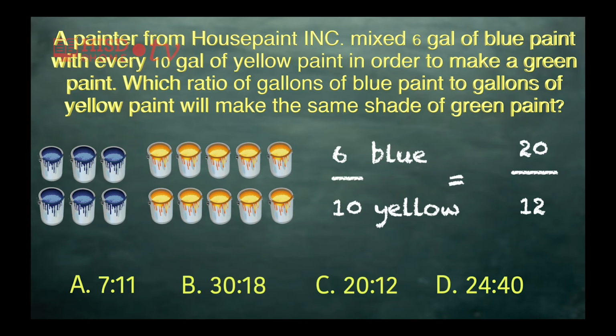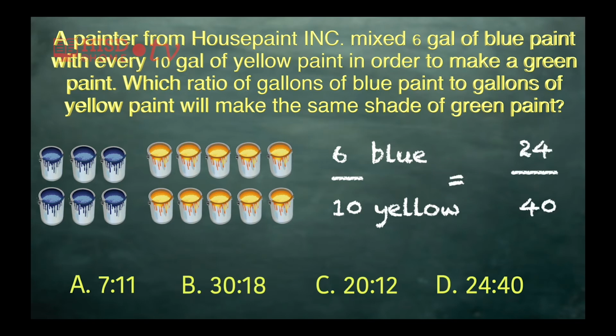When this happens, I use my world-renowned cross multiplication strategy to see if the two ratios are proportional. So I see that when I cross multiply 12 times 6, I get 72. And when I cross multiply 10 times 20, I get 200. In order for this strategy to work, both of these products must be the same. So C isn't correct either.